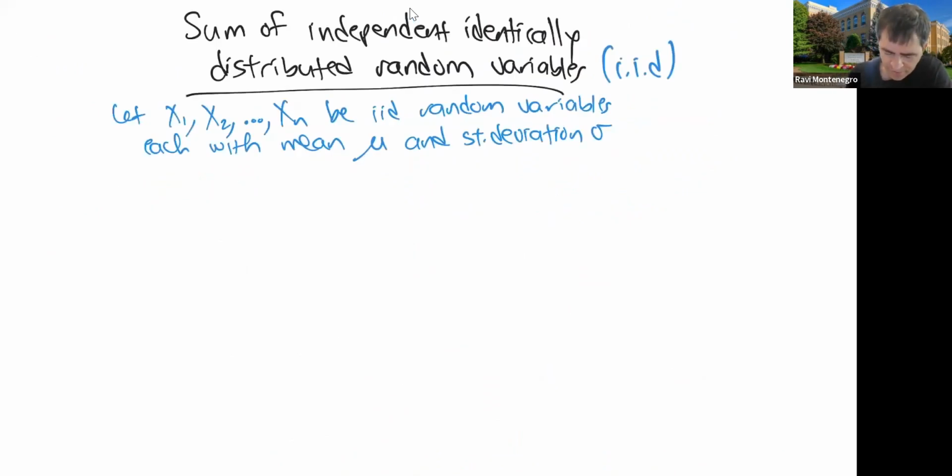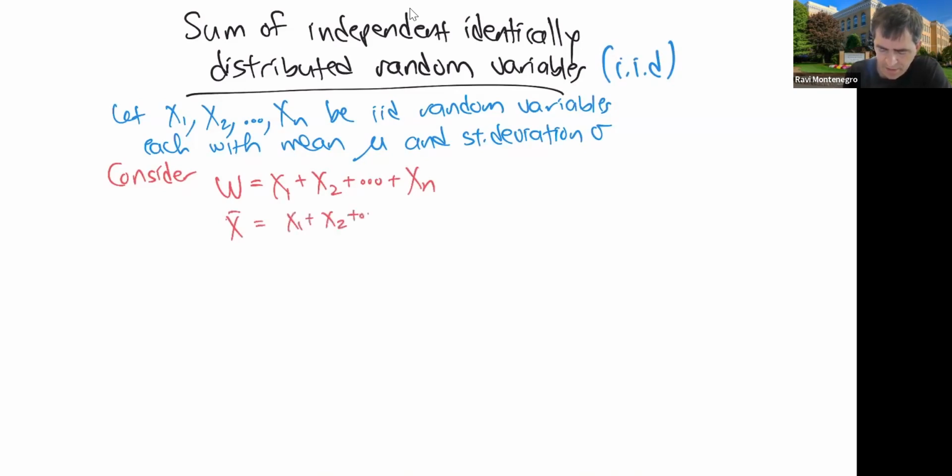And we'll consider two different things. We'll consider W, which is going to be the sum of these. We add them all up. And we'll also consider the average, which is what you get if you add them all up and then you divide by n. In the examples we've been looking at, this is like saying the total weight of all passengers.